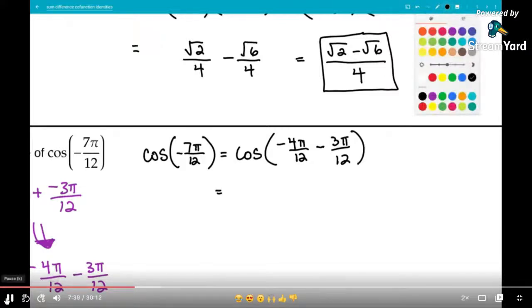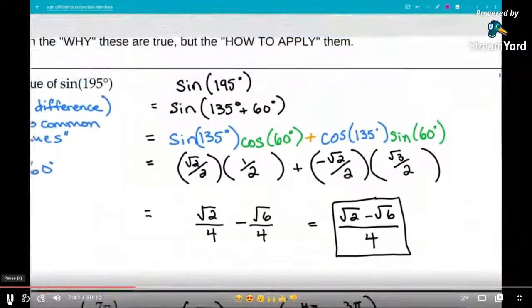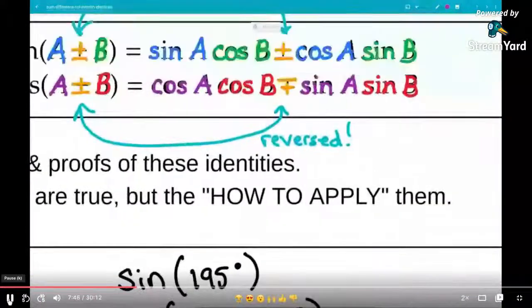I will pause this right here. Pay attention to this part. So cosine of A, cosine of B, in this case, negative 4 pi over 12 and 3 pi over 12, because I have them separated by minus. Really pay attention to the structure.